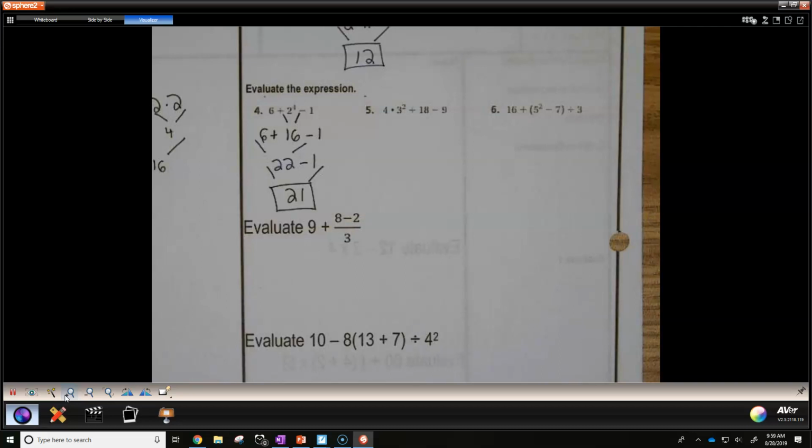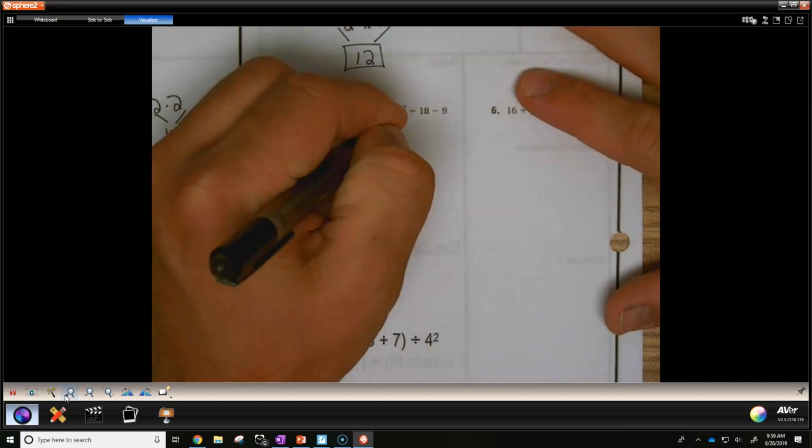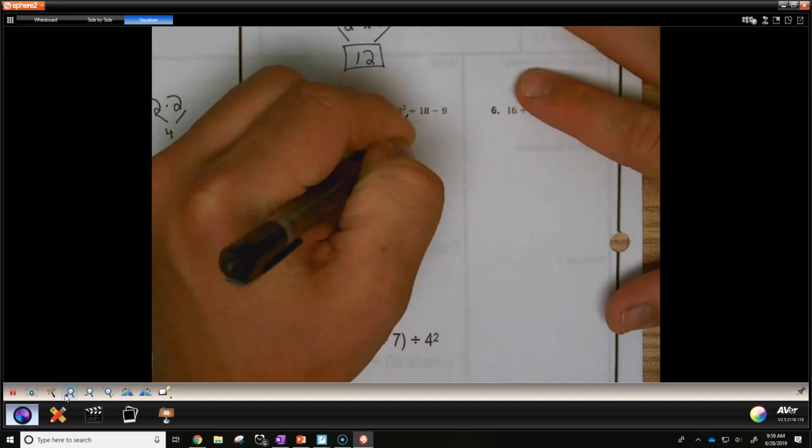Alright. Let's do number 5. Who thinks they can explain number 5 to me? Miss Quick, I want you to explain number 5 to me. How can I do number 5? First I did exponents and I got 9. Good, so we do exponents. 3 squared, she said, was 9.